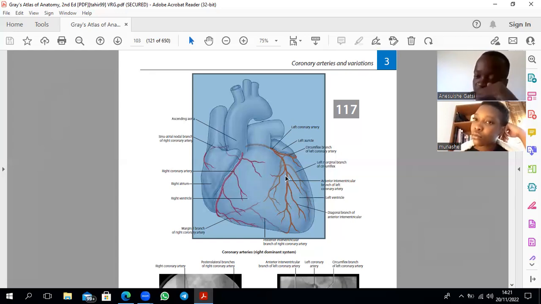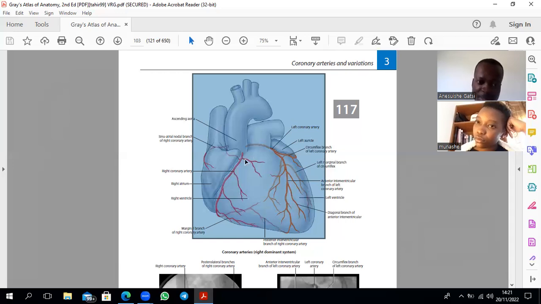Between atrium and ventricle, there are atrioventricular grooves. The arteries that you find in those grooves just carry the names. So the anterior interventricular artery is one of the terminal branches of the left coronary artery. It terminates into the circumflex artery and the anterior interventricular artery.